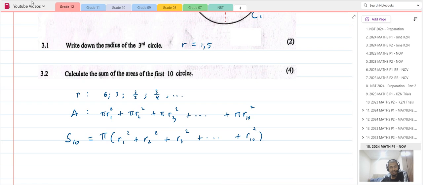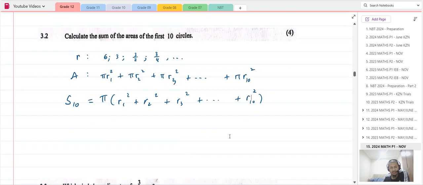We are basically finding the sum of the areas of the first 10 circles. So we need to square the radius. But does the square of the radius form a geometric pattern? That's what we need to check.